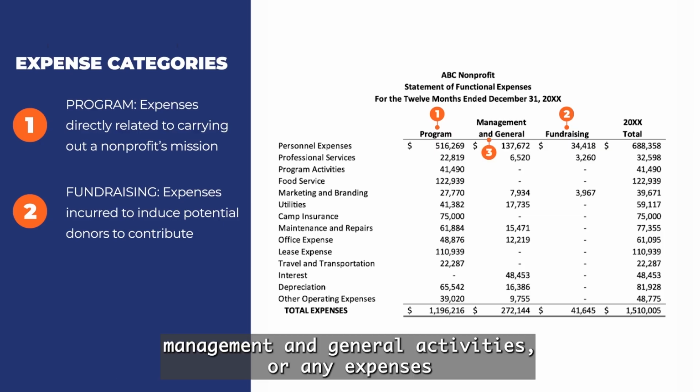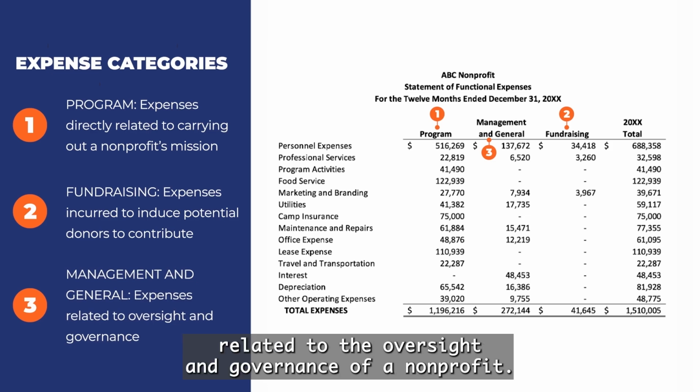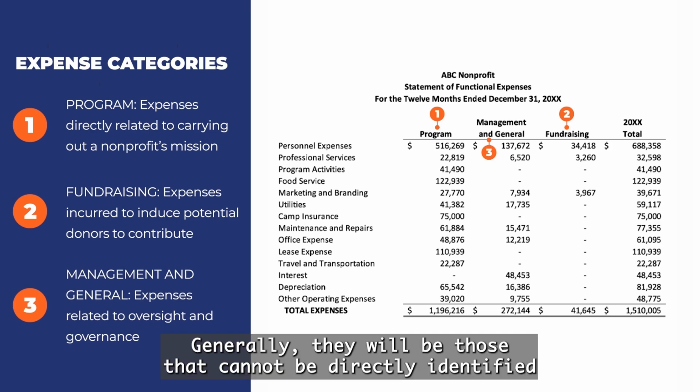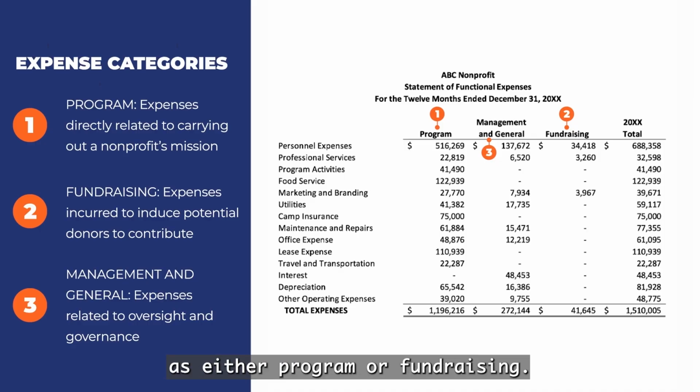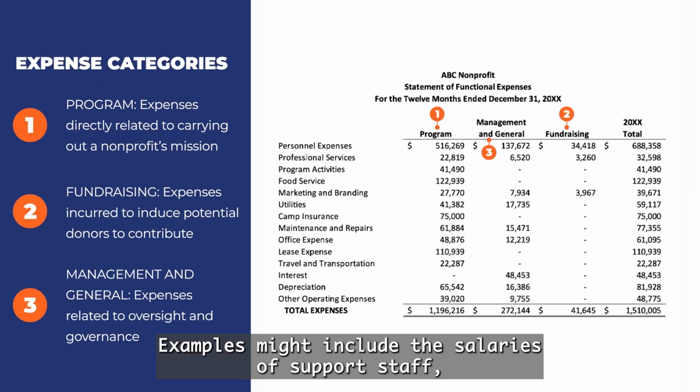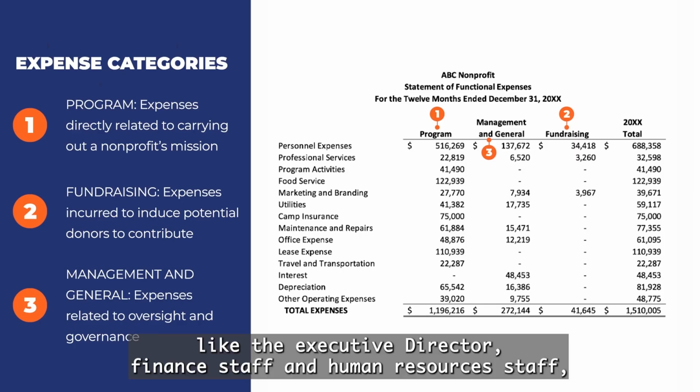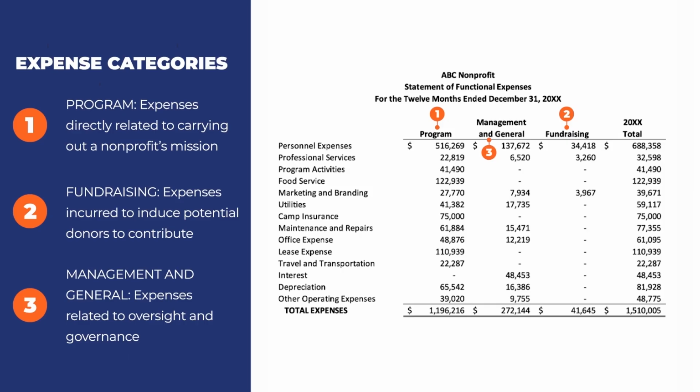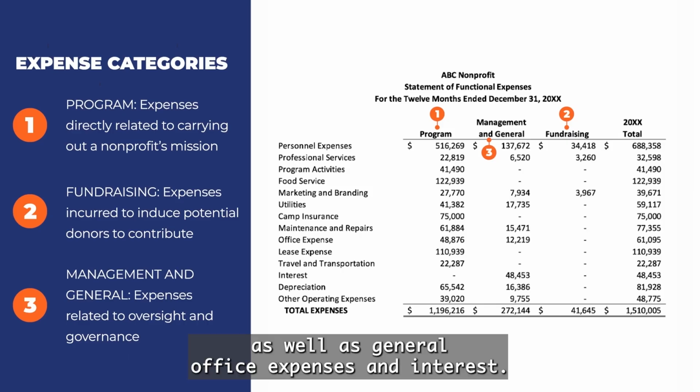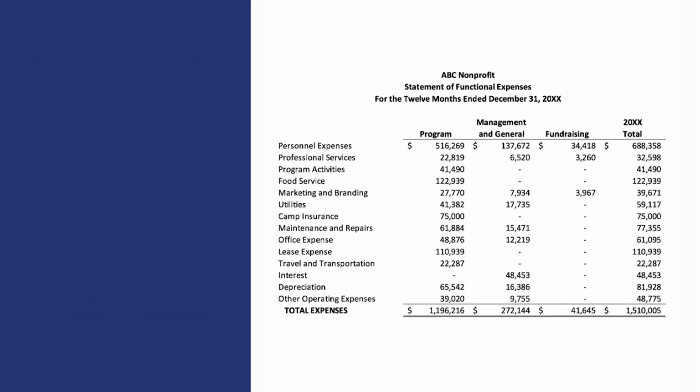Management and general activities are any expenses related to the oversight and governance of a nonprofit. Generally, they will be those that cannot be directly identified as either program or fundraising. Examples might include the salaries of support staff, like the executive director, finance staff, and human resources staff, as well as general office expenses and interest.